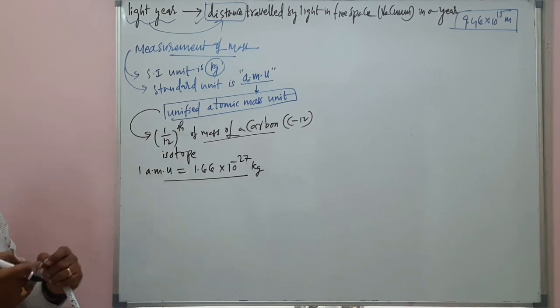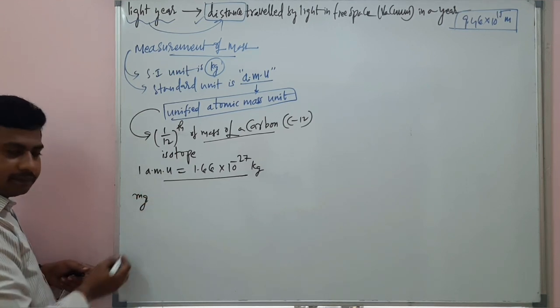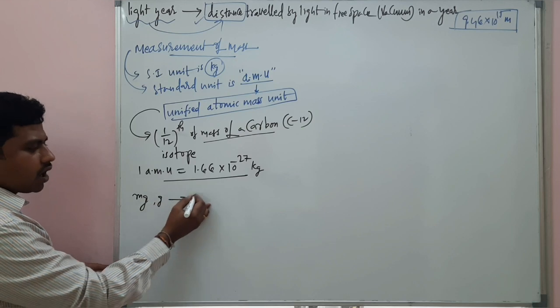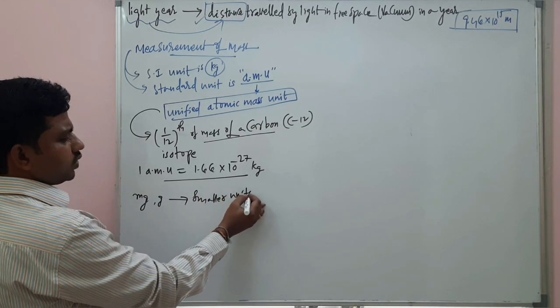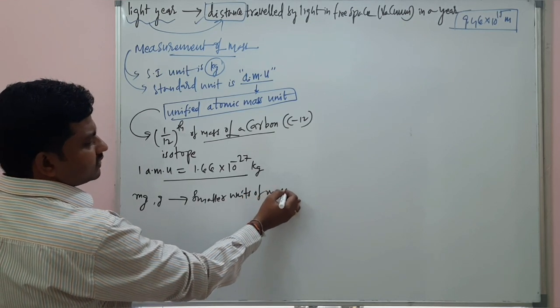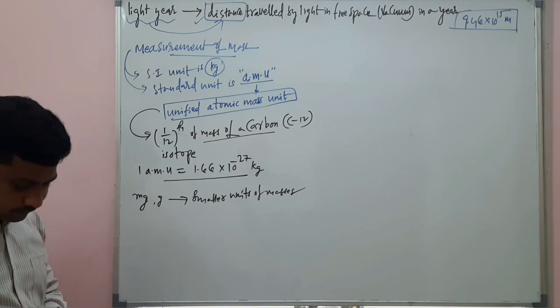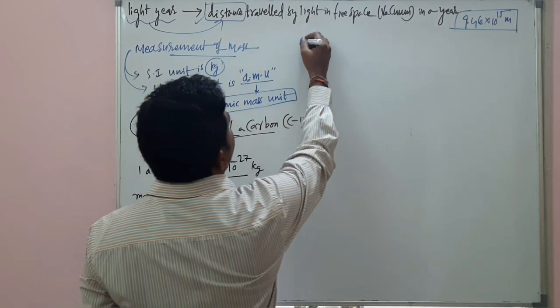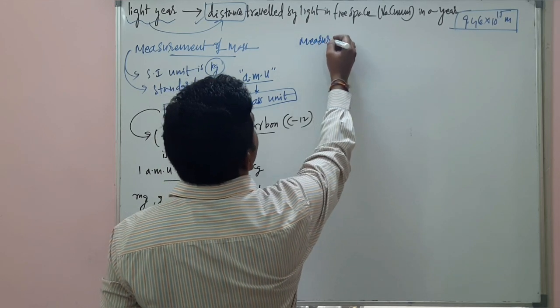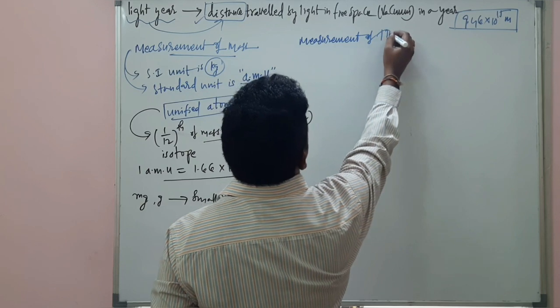And among smaller units of mass, there are milligram and gram. Clear? Now, there's the measurement of time.